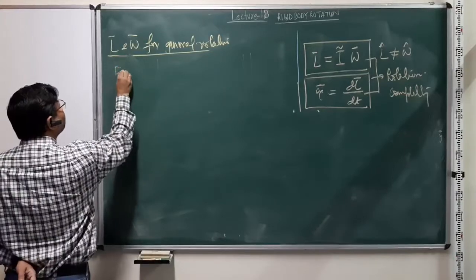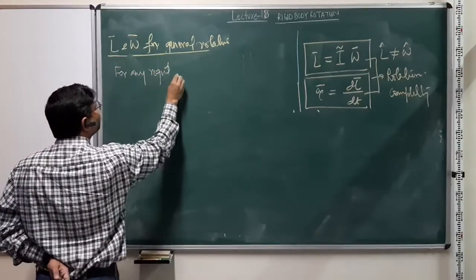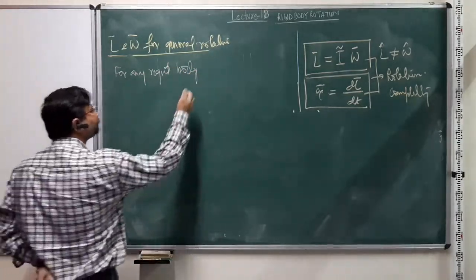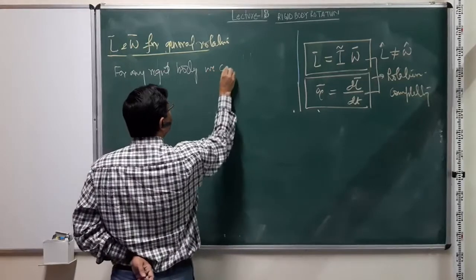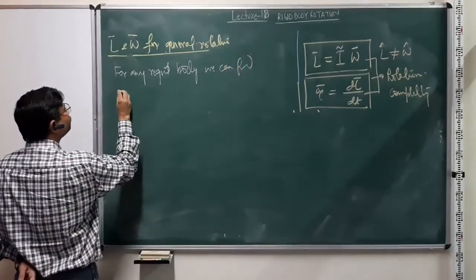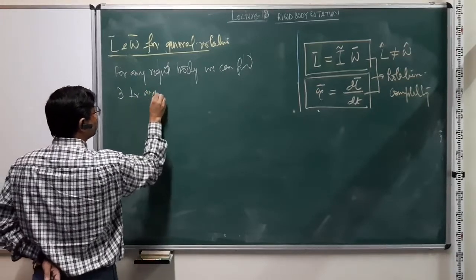For any rigid body, we can find 3 perpendicular axes.